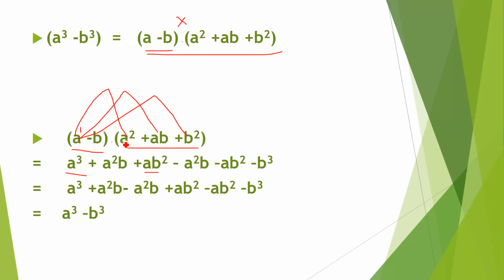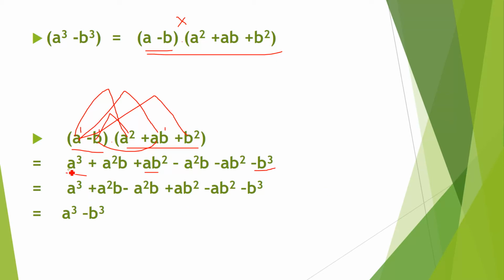Now you have to multiply the whole parenthesis by minus b. We will start from here. So it is minus a square b. Then you have to multiply with this ab, it will be minus ab square, because b is 2 times and both have one exponent. So minus ab square, and minus b times b square is equal to minus b cube, right?